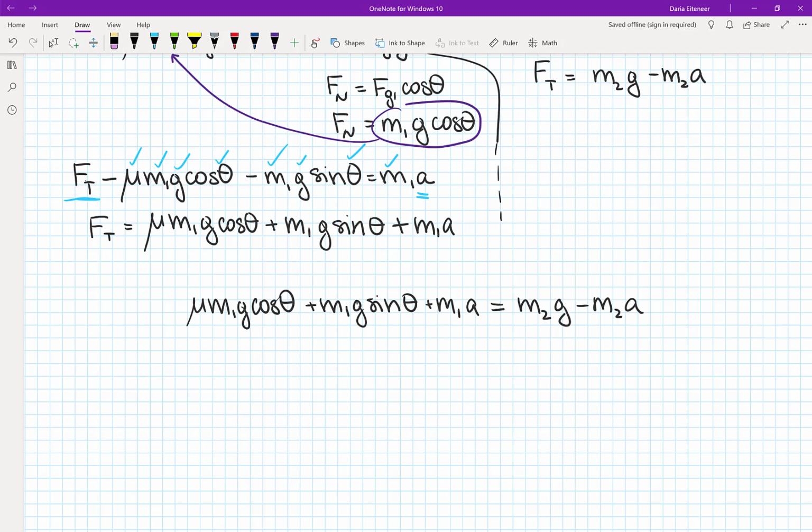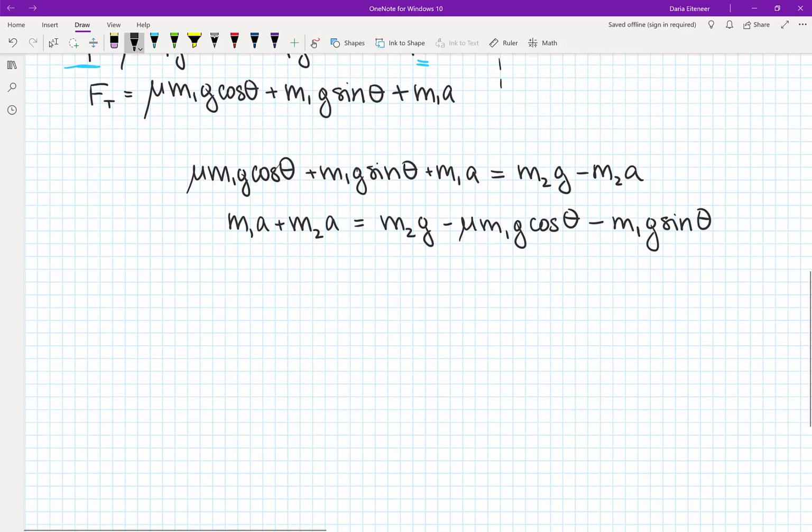So let me collect all the terms with acceleration on one side. And then I'm going to collect all the terms without acceleration on the other side. And of course, the same rule always applies. If you need to make more algebraic steps, please do so, as many as you need.